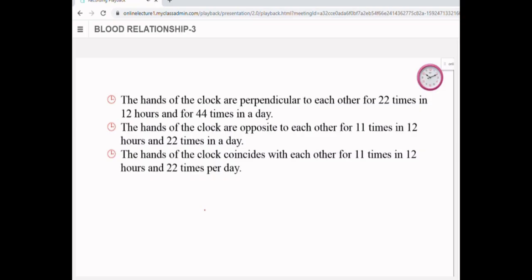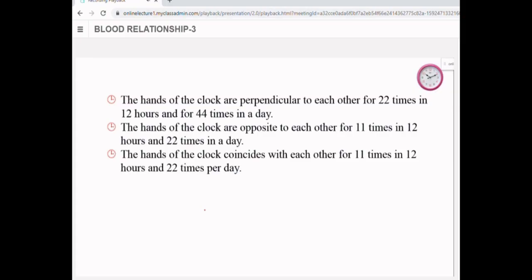And then the hands of the clock coincide with each other 11 times. So even opposite is 11 times in 12 hours. What do you mean by coincide? Coincide means one above the other, एक के ऊपर एक. ऐसे 12 hours में 11 times हो जाता है.